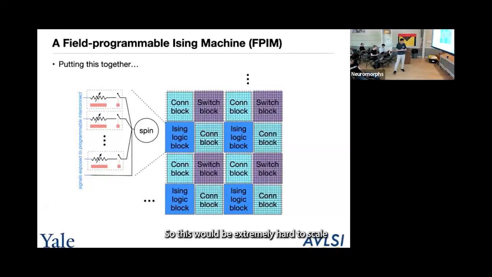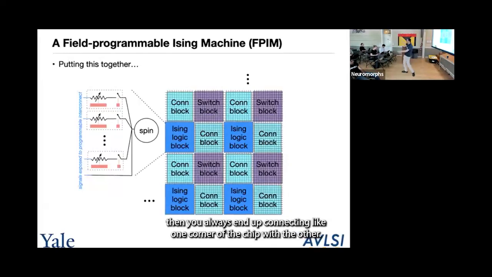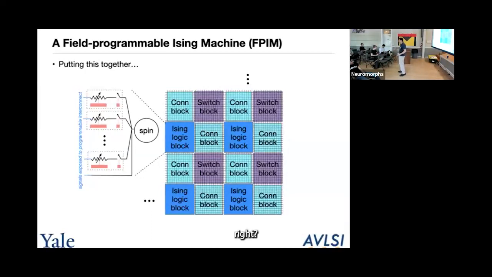This would be extremely hard to scale if, once you map your Ising machine, you always end up connecting one corner of your chip to the other with some weird, horrible analog route. But this is why we are leveraging the FPGA literature. The interconnect mapping looks nothing like that. If it did, you'd get really bad performance out of your FPGAs.